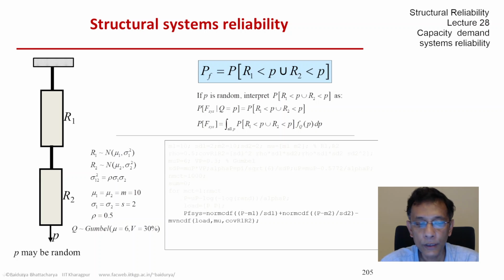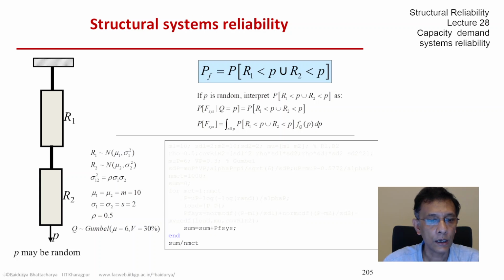It's important we learn this syntax because we're going to use it for larger problems as well. It's mvncdf evaluated at the load vector, where mu is the mean vector and the covariance of R1 R2 is the covariance matrix of the bivariate distribution. Once we are done with that, we keep adding the estimated PF sys to the sum, and when we are out of the loop, we take the average, and that's all there is to it.